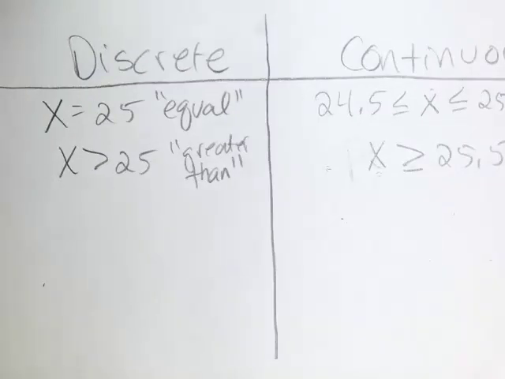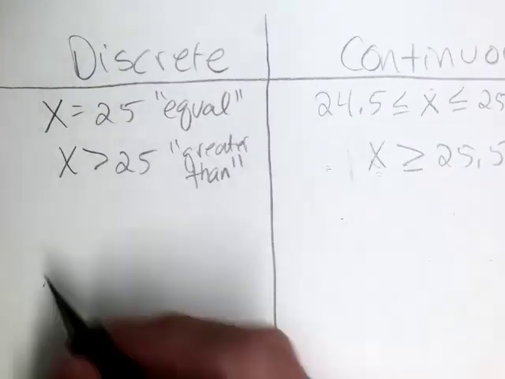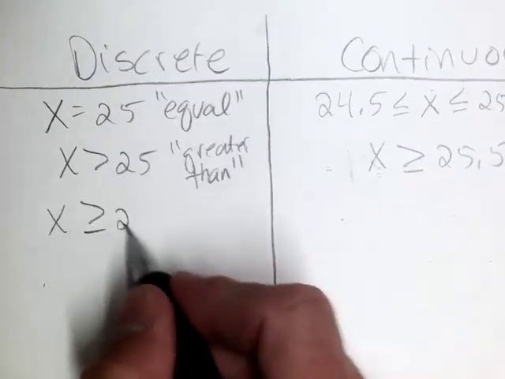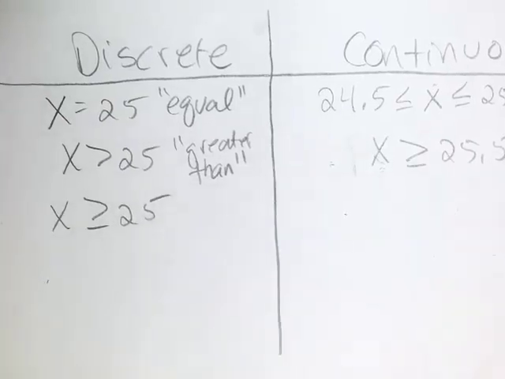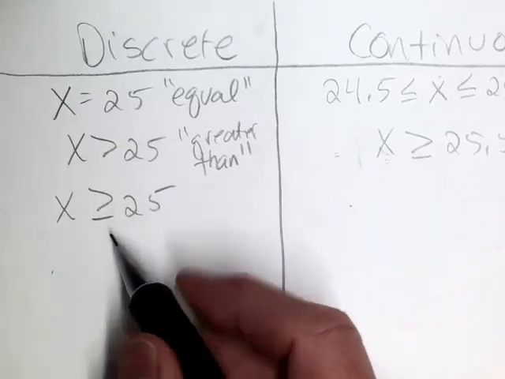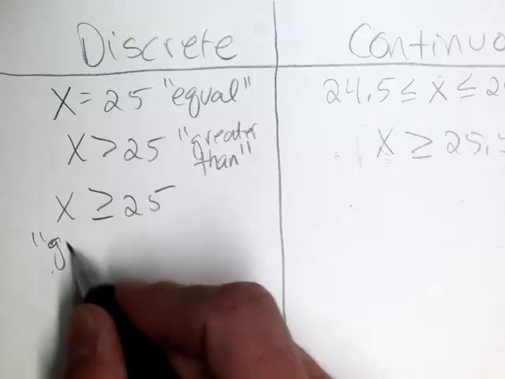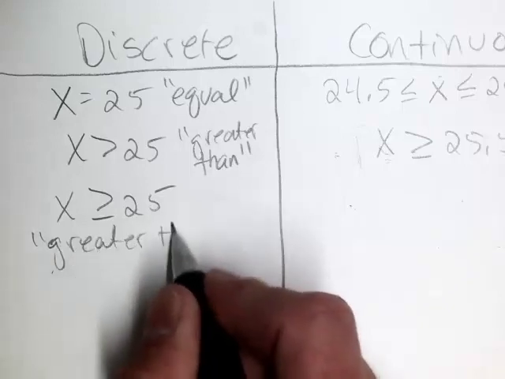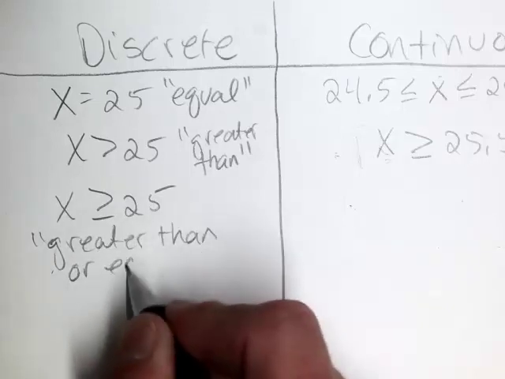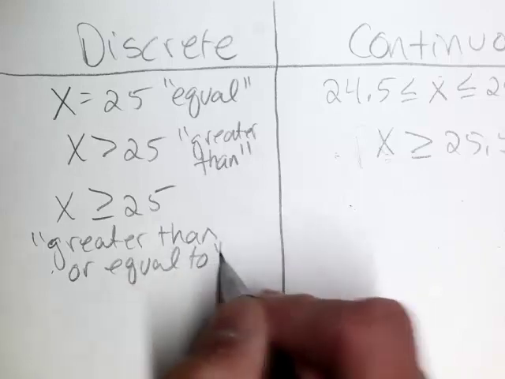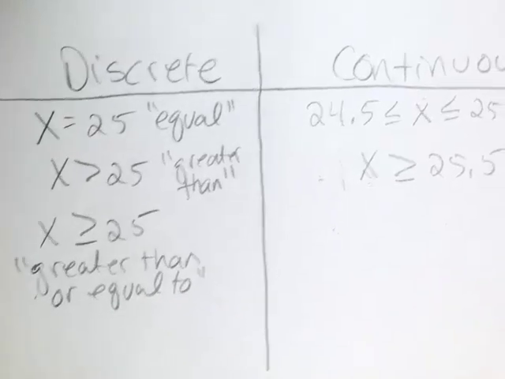Now, for the case where x is greater than or equal to 25, now we have the case of equality. We are now including the number 25.